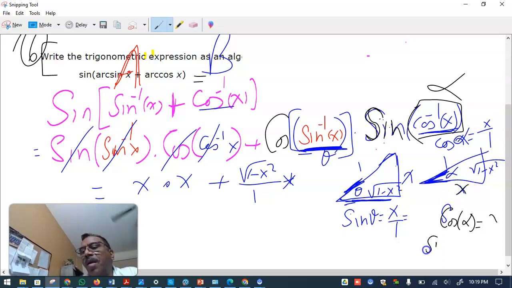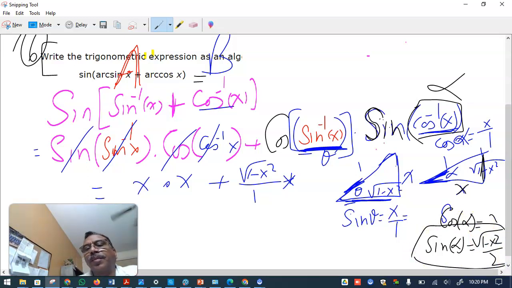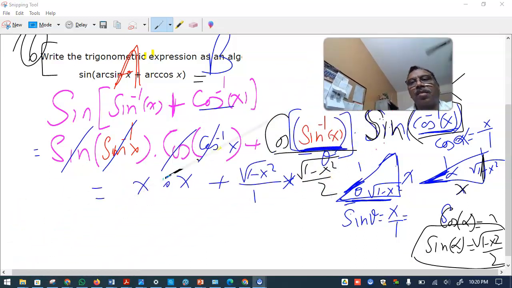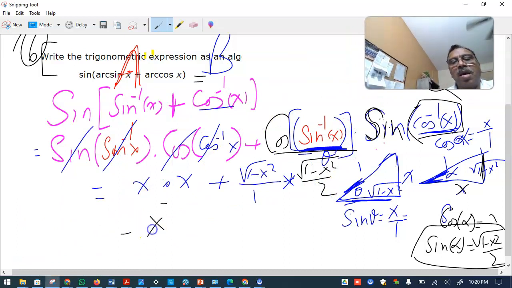So sine of alpha becomes opposite, which is root 1 minus x squared, divided by 1. And this is what you replace here, this whole thing. So I get x squared plus root 1 minus x squared, and then again root 1 minus x squared.